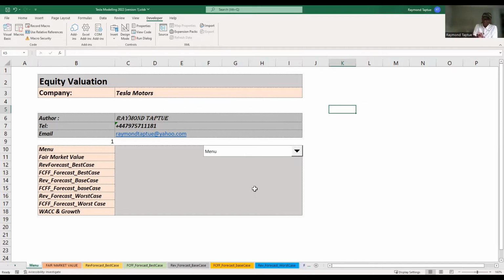To determine the free cash flow to firm, I decided to use a formula that I like a lot, which means determining it from the EBIT, earnings before interest and tax. Free cash flow to firm is equal to EBIT multiplied by 1 minus tax rate, plus the adjustment for non-cash items such as depreciation and amortization, minus the fixed capital investment, minus the working capital investment.